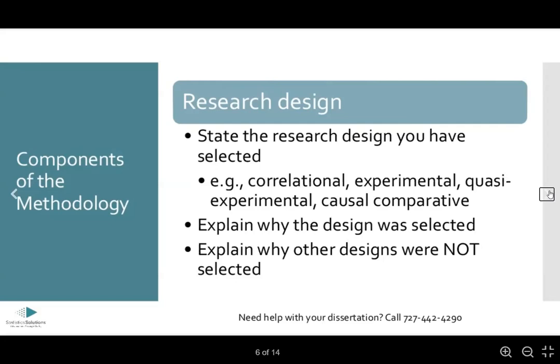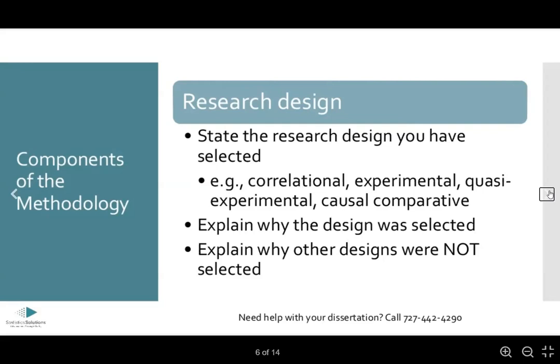Another way that you can provide rationale for your selection is by showing the reader why other designs don't make sense. So for example, if your research questions involve looking at relationships, then a correlational study may be appropriate for your dissertation. So that would be kind of the justification there.